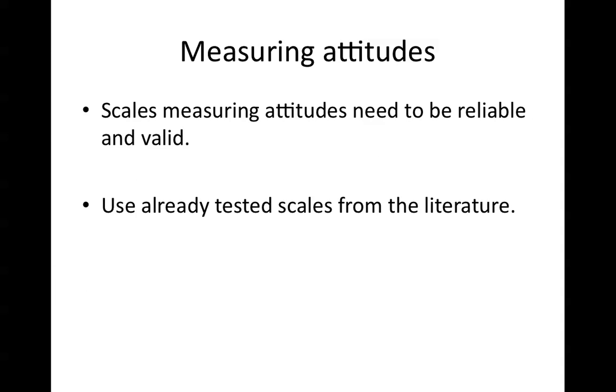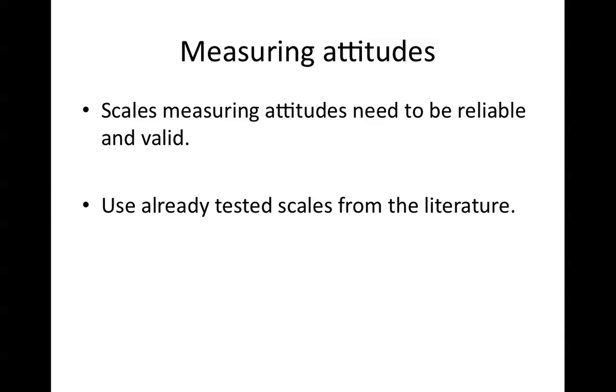So the scale you use in order to measure an attitude needs to be validated. This is one of the major take-home points for this particular discussion: the scale that you choose to use in order to measure someone's attitude should 99% of the time come from another study that has looked at similar research questions and used similar scales.